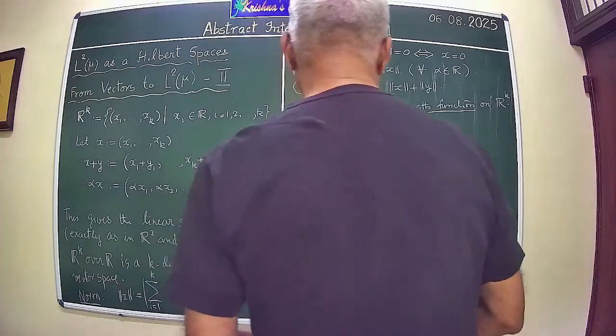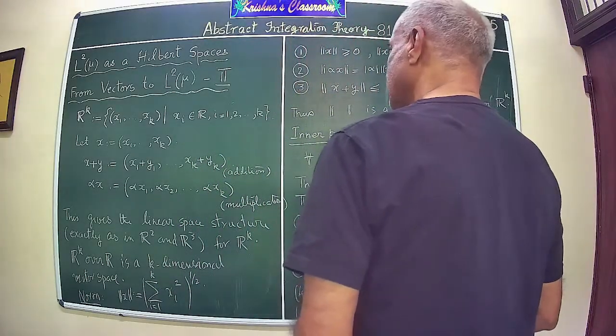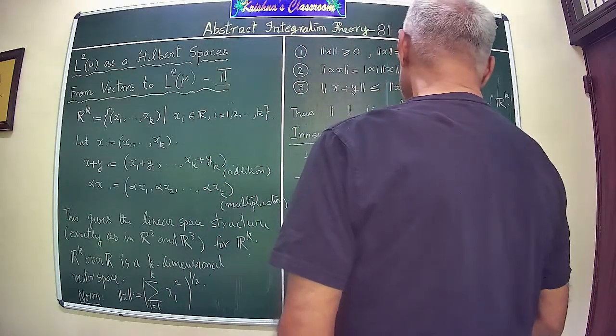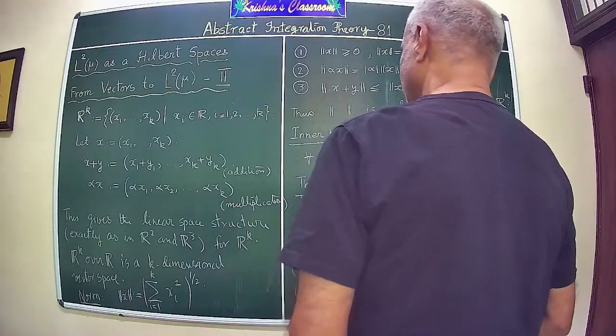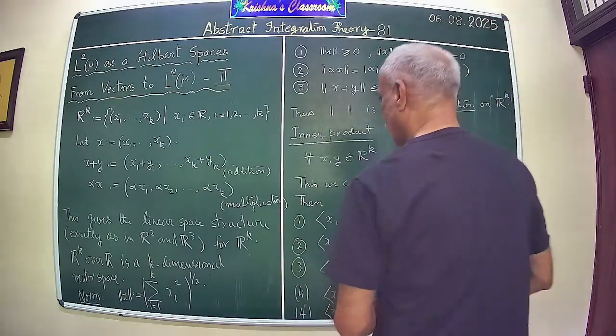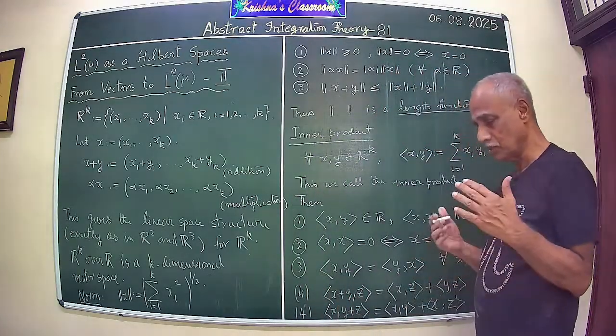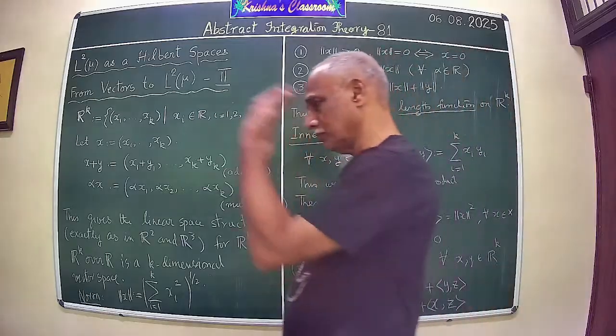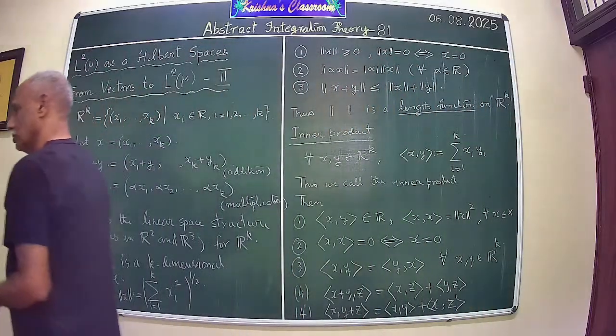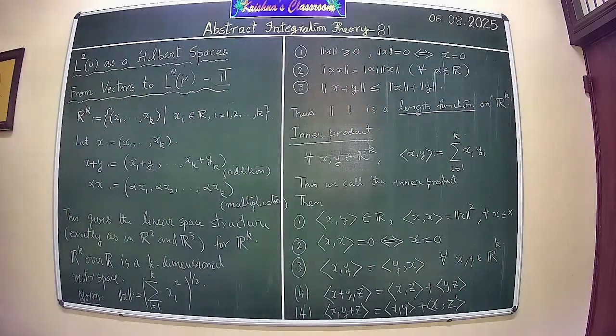Okay, so you see that we can straight away generalize from R2 to R3. Our experience on R2 and R3 can now be carried over to a hypothetical space R^k.